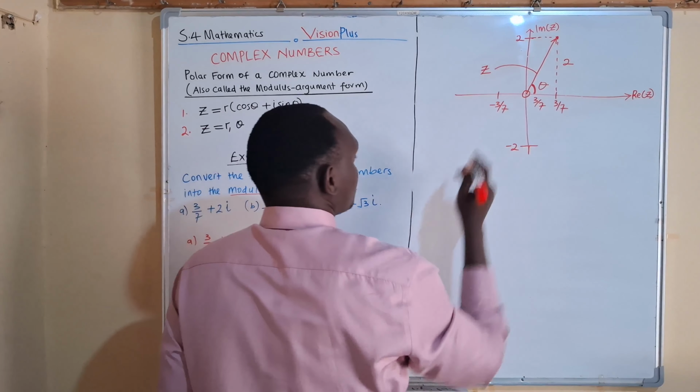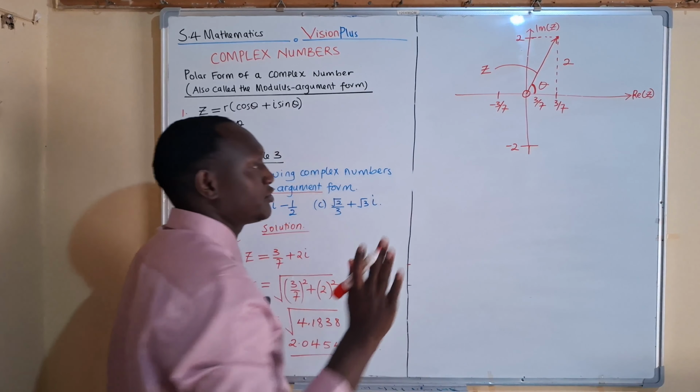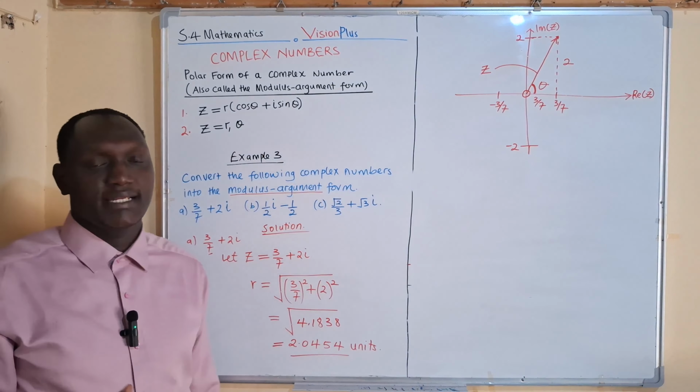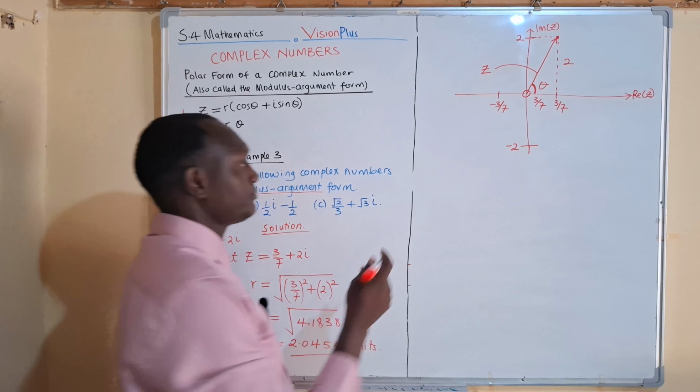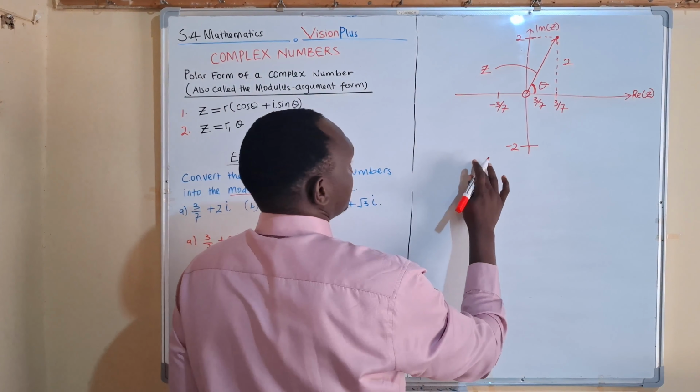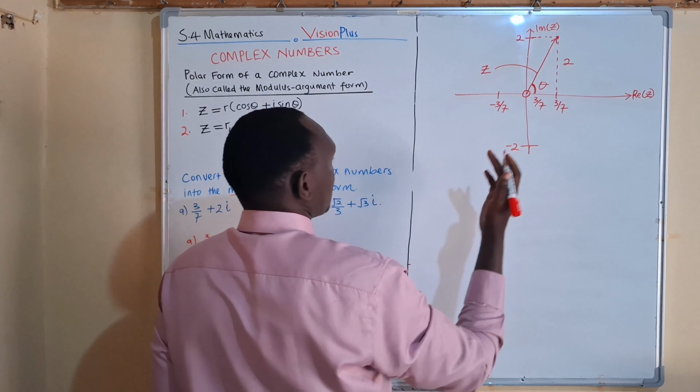Now, we are going to apply any trig identity, either sine, cosine, or tan. I'm going to use tan because they all give the same answer.